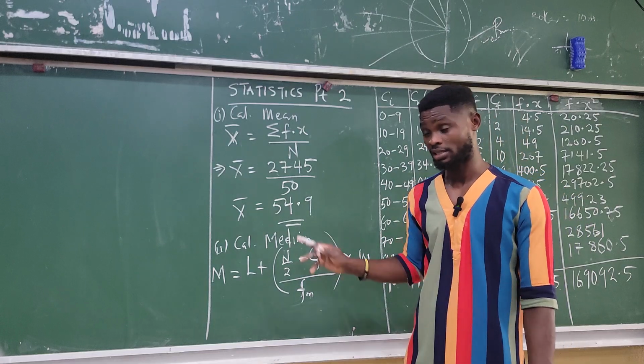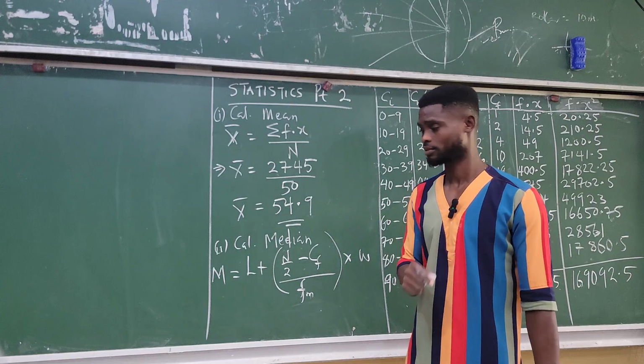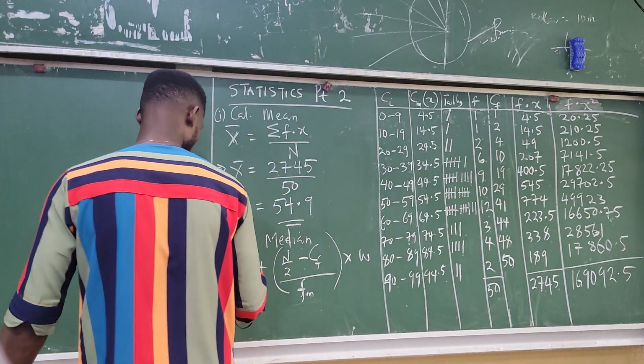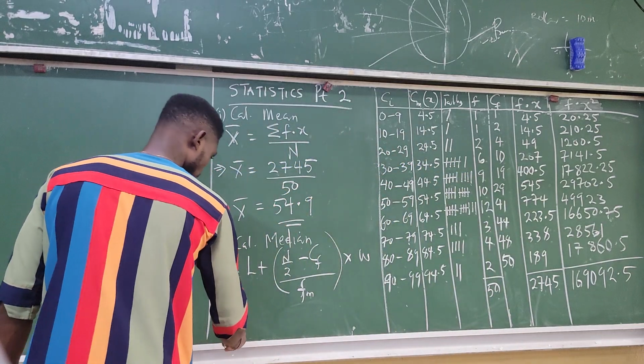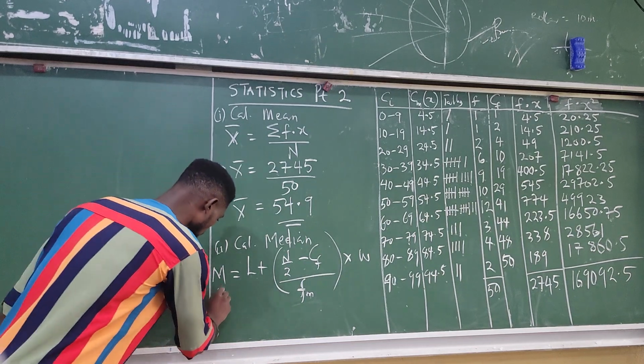Remember, I told you that this is Mass 301 for management and sciences, statistics. So I will give you what this represents, what W and the others represent.